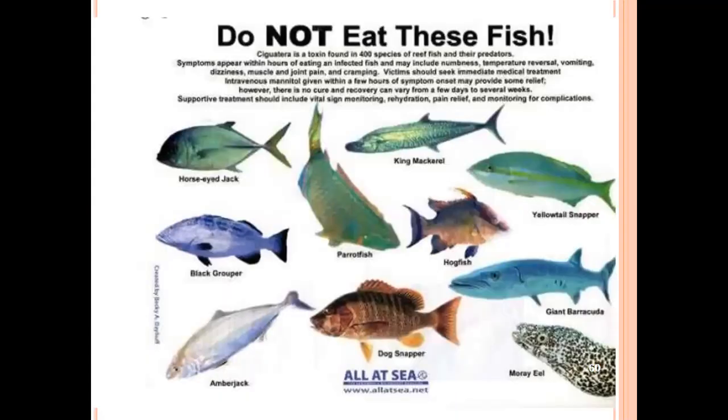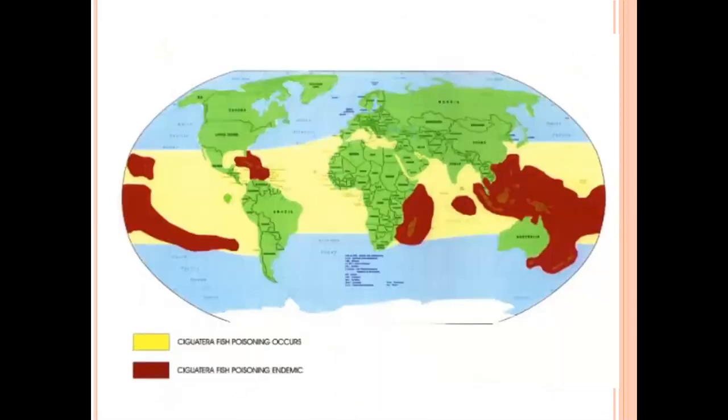As for animal origin food products, usually the most common is with fish. Some types of fish, especially reef fish, are contaminated with ciguatera toxin. Horse eye jack, king mackerel, yellowish snapper, hawkfish, parrotfish, black grouper, amberjack, dog snapper, giant barracuda can be contaminated with ciguatera.